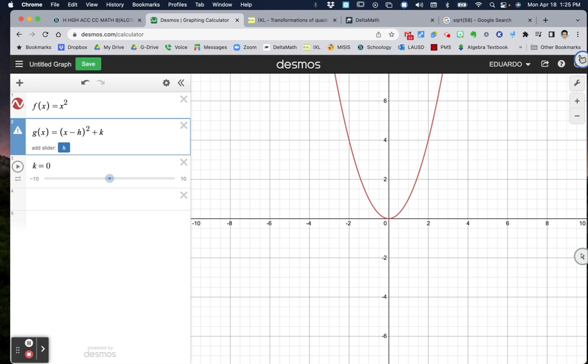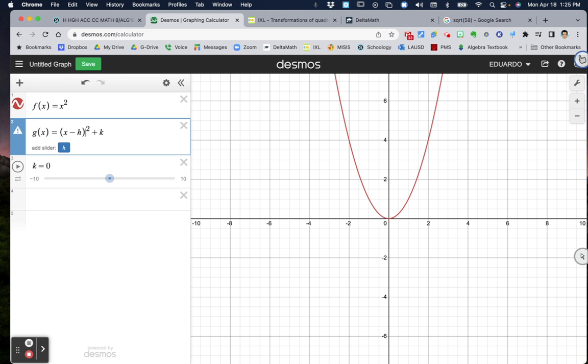To g of x, put it in parentheses and put x minus h squared. Do that. So we're going to have x minus h squared plus k.